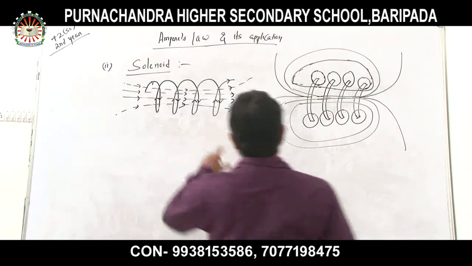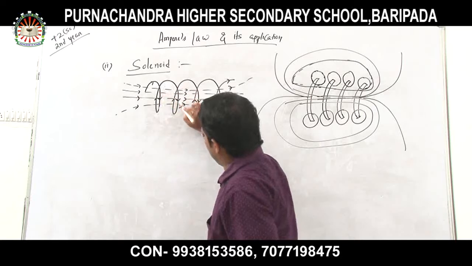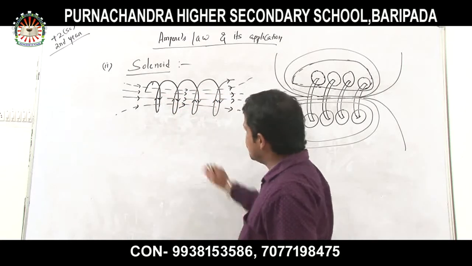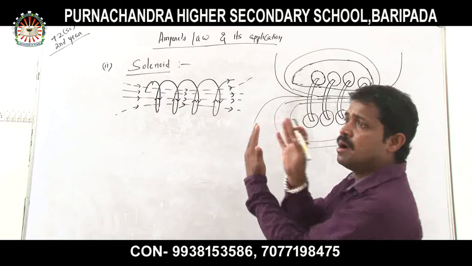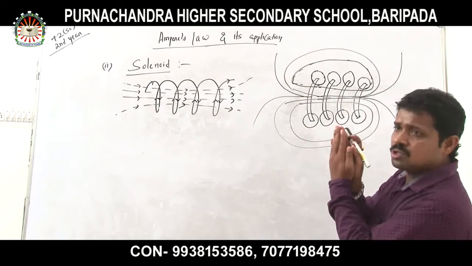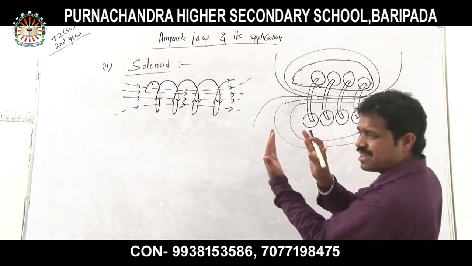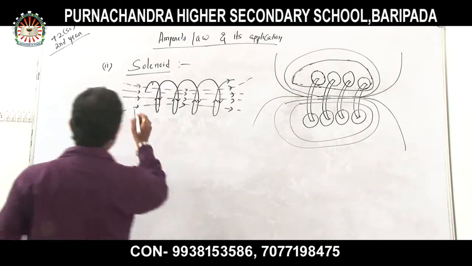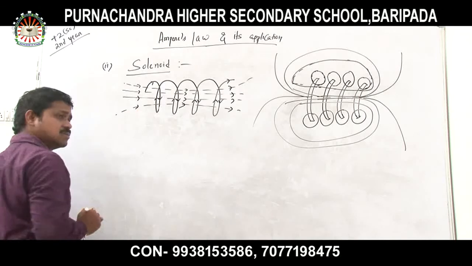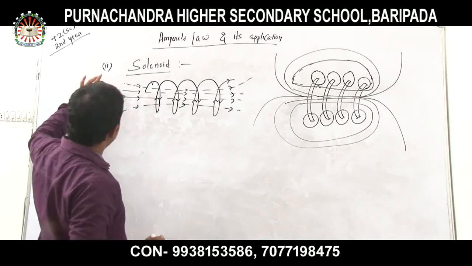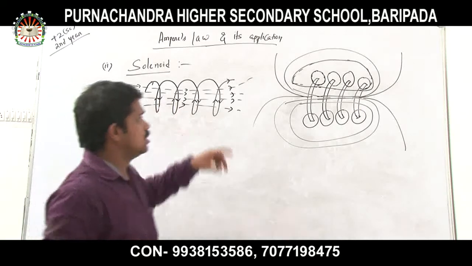Look at this. This is the coil of your solenoid, which looks like a helix. These loops are very close to each other. As they are very close, the magnetic field is strong. If they are apart, then the magnetic field becomes weak. Now these are the magnetic field lines, which are generated from here and terminate here.